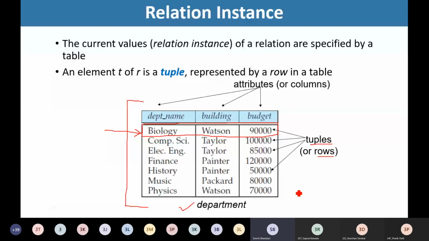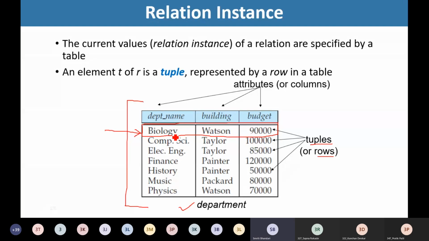Correct? And obviously these columns of the relation are the attributes. So department is one attribute, building is another attribute, budget is one more attribute of department relation. And every individual element in the relation, that is a row in the relation, is called a tuple.